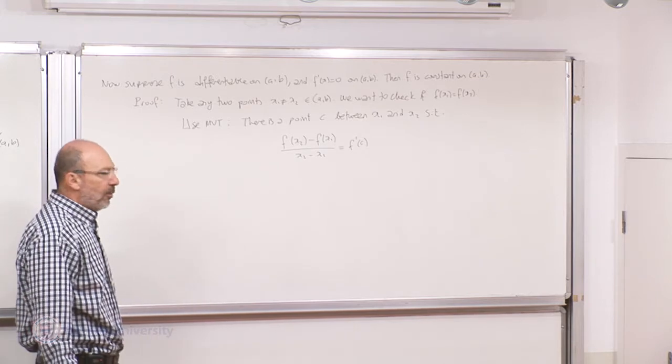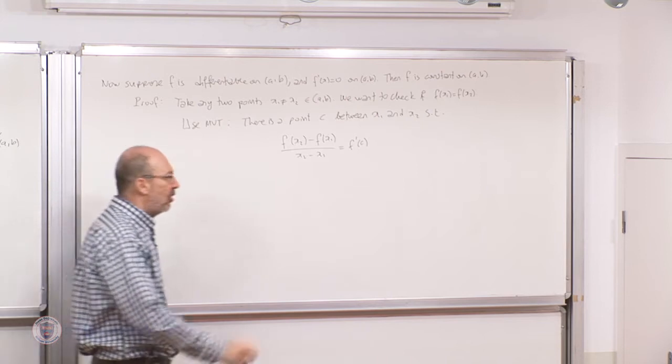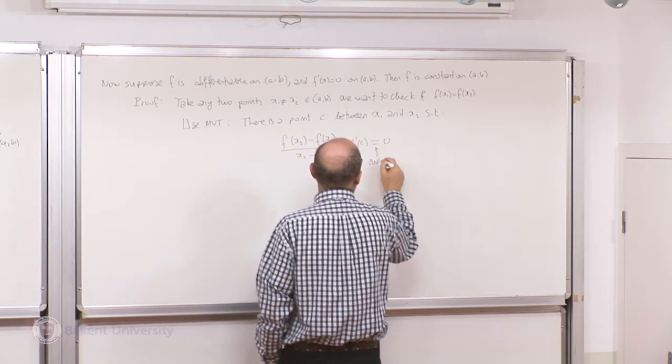But our assumption is that wherever you calculate f prime, you'll get 0. So this is equal to 0, our assumption.